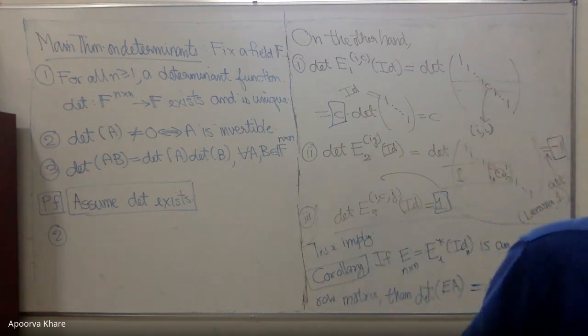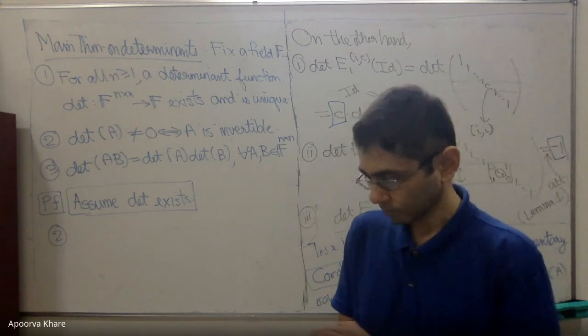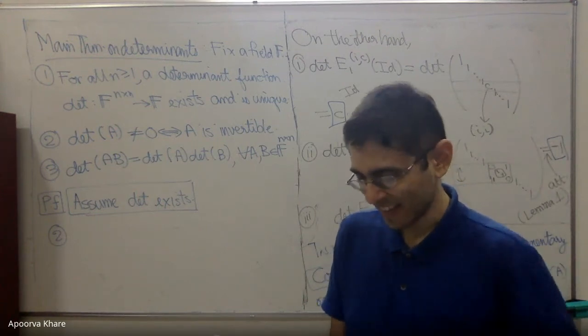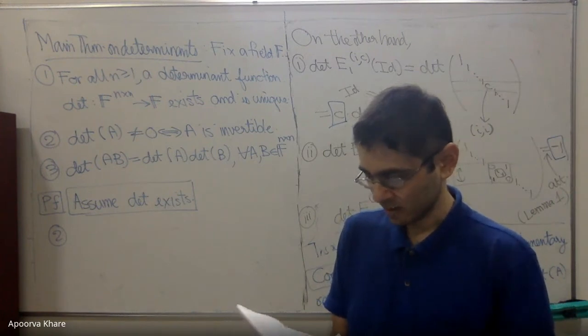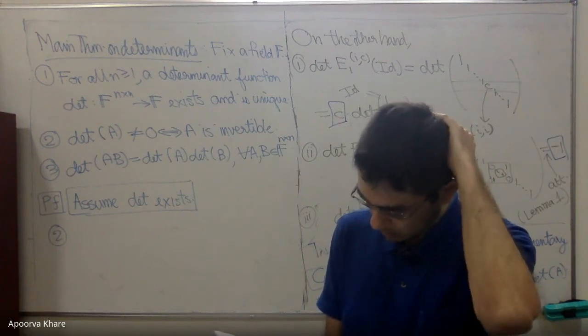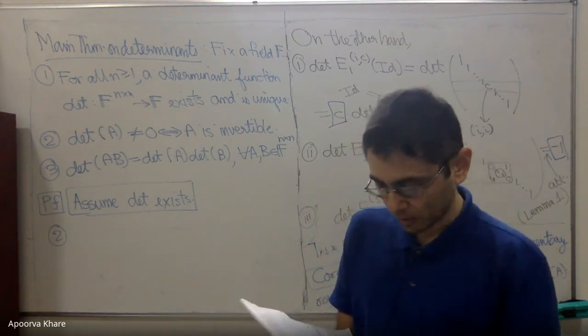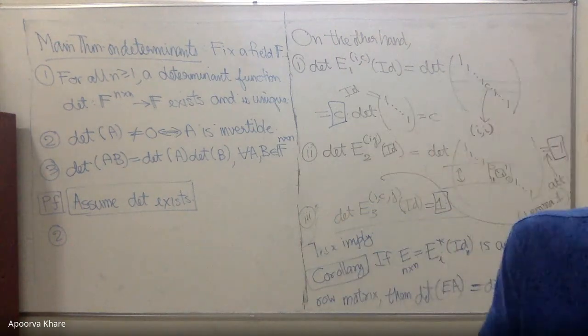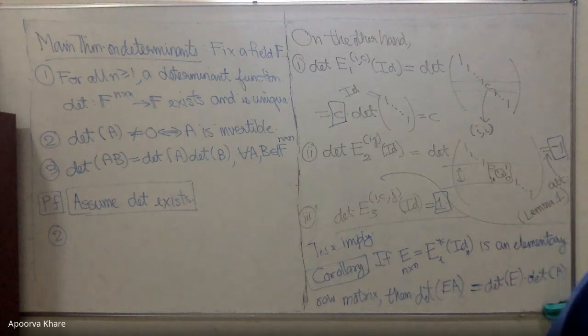Wait a minute. Okay, no, I should do uniqueness after here. Let's start with 2, and then I'll get to 3, which is the uniqueness part.